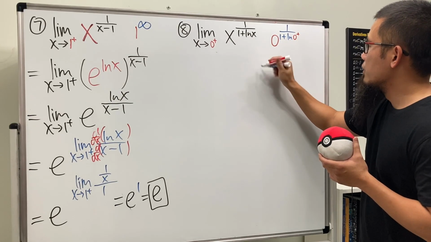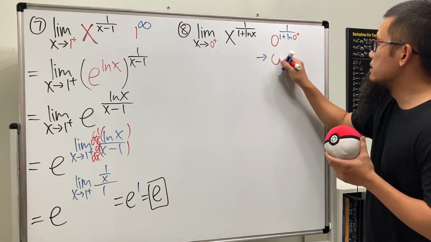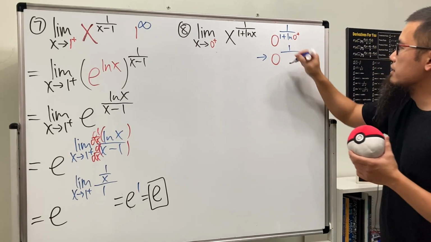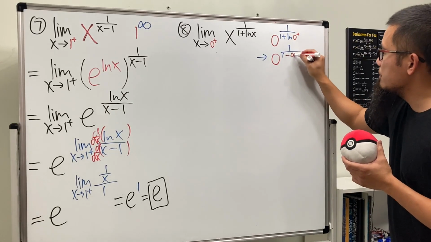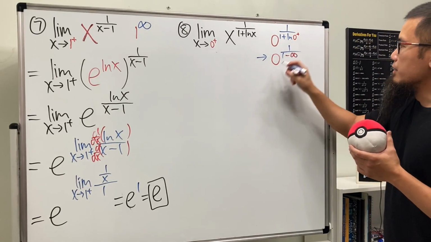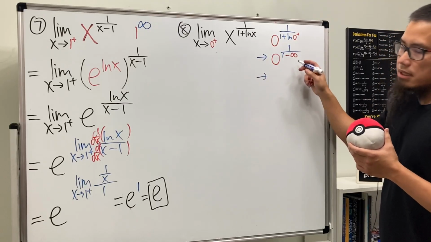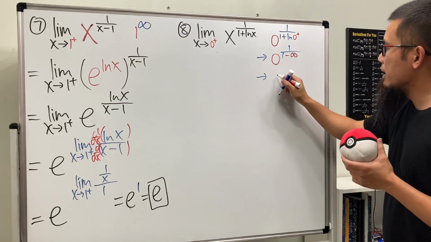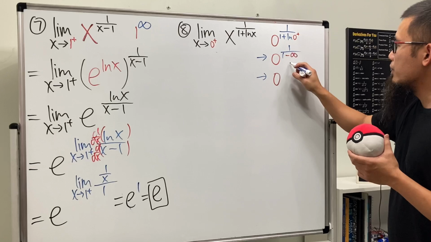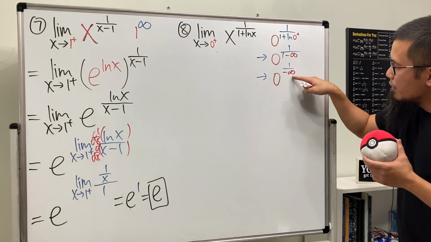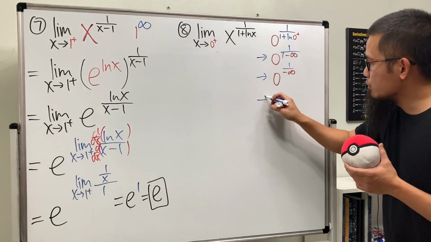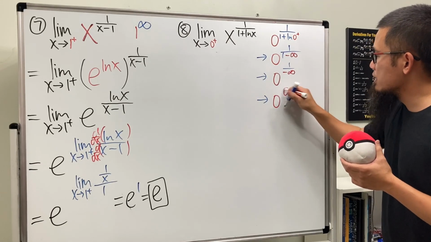This right here, we can draw a conclusion. The base is still 0, 1 over, this is 1. ln 0 plus is negative infinity. And then you see that this right here, 1 minus infinity is still infinity. So we get 0, and then we get 1 over negative infinity. 1 over negative infinity is 0. So this right here gives us 0 to the 0th power.